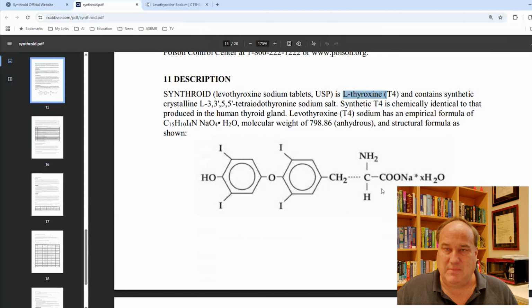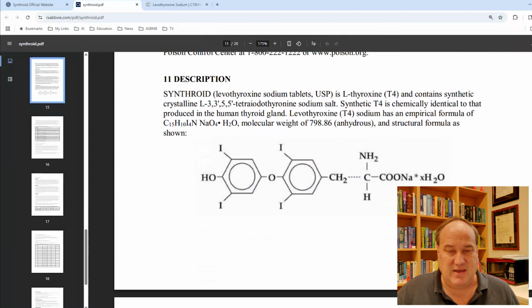What's important about chiral compounds like this is that only the L form has biological activity. The D form is an inactive drug. It doesn't do anything for you. So it's very important to be able to distinguish between the D and the L form stereochemically. That's a very important distinction to take into account.